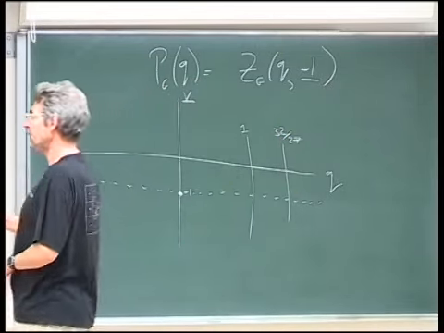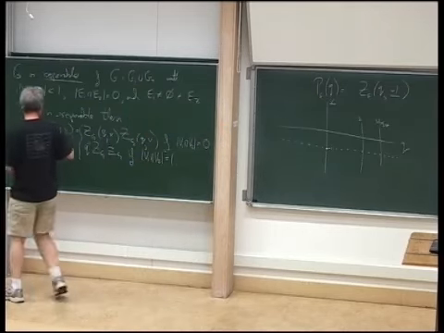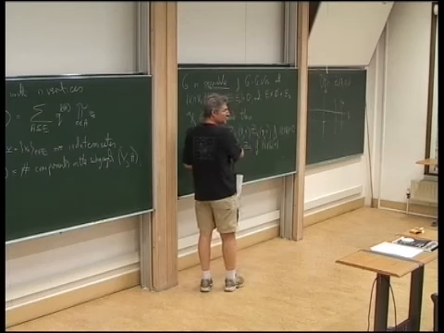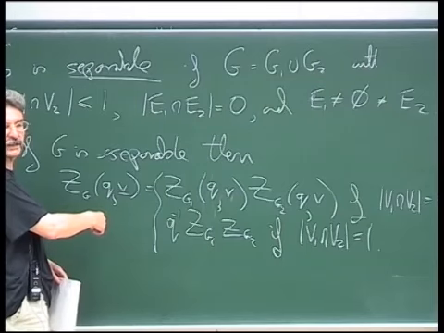And by this result, we can assume that J is non-separable. So if we know what happens for non-separable graphs, we can work out what happens for all graphs.